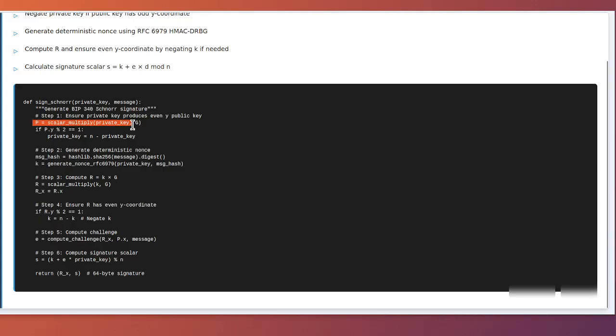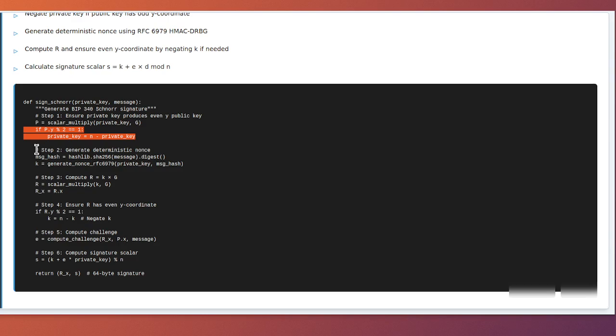The first step in our signing implementation is to ensure the private key is in the correct form. If the corresponding public key would have an odd y-coordinate, we need to negate the private key. This is part of the BIP 340 convention that ensures all public keys implicitly have even y-coordinates. To check this, we compute the public key point P equals d times G, extract its y-coordinate, and check if it is odd.